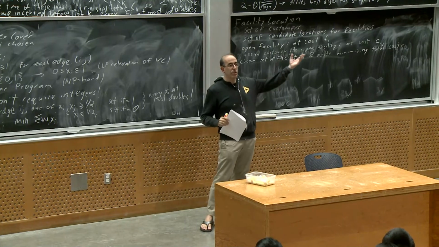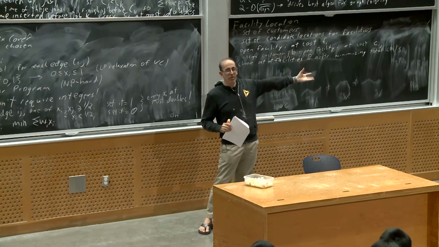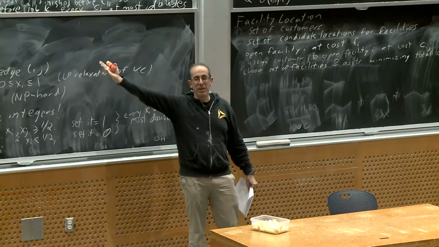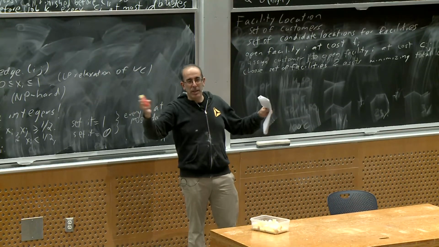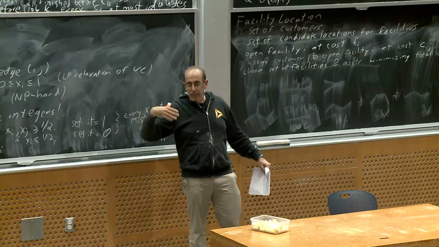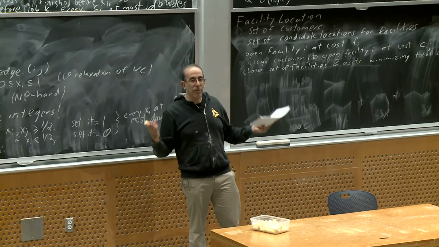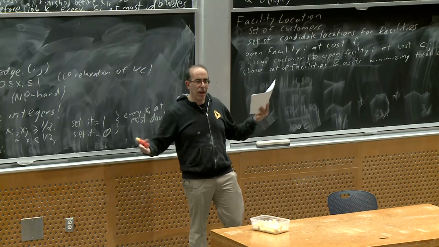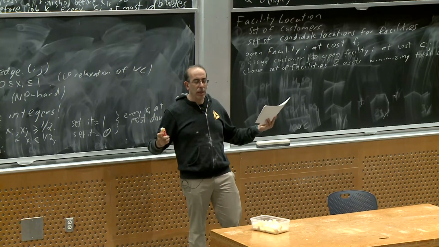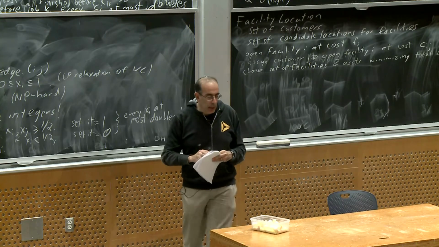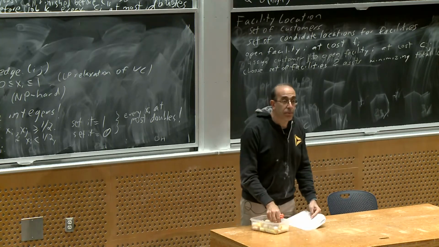It may cost you dollars to open the facilities, and you're talking about minutes of commute time for a customer. So you're going to need to think of some sort of translation that aligns the two costs. But you can figure out for yourself how you want to compare these two different costs into a single objective function.